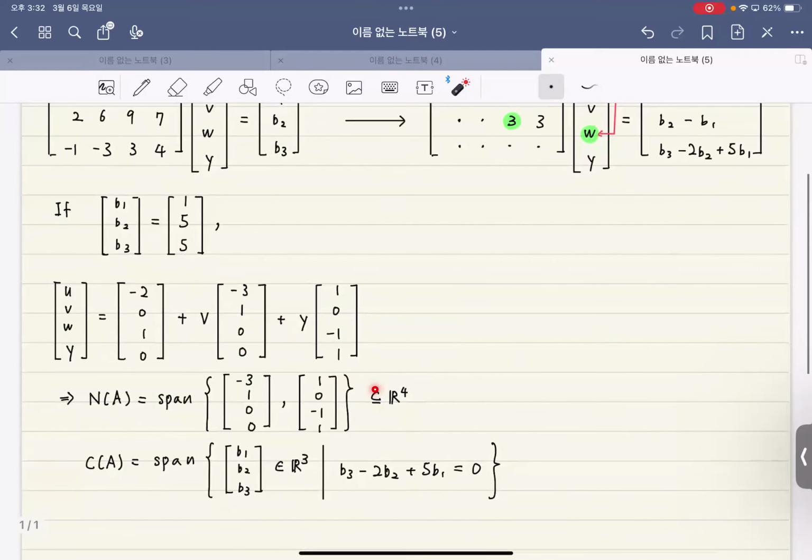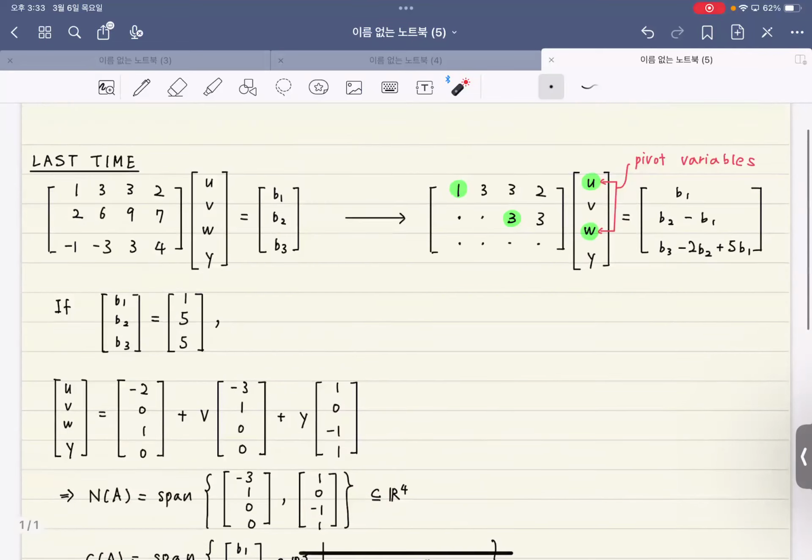Clearly, these are subspaces of a 4-dimensional Euclidean space. And what is the column space of matrix A? Well, in this case, you can say the span of these 4 vectors is going to be the column space, which is completely okay.